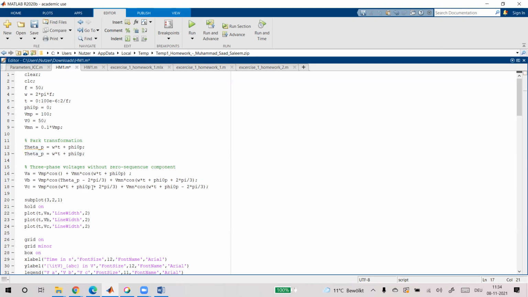Is this okay? I just changed the variable. And the theta p, I cannot use this the same, so I just make it capital. So this is our positive sequence angle. Okay, I can make this POS, maybe it's easier. It's positive sequence. And then you have this, the park transformation angle.